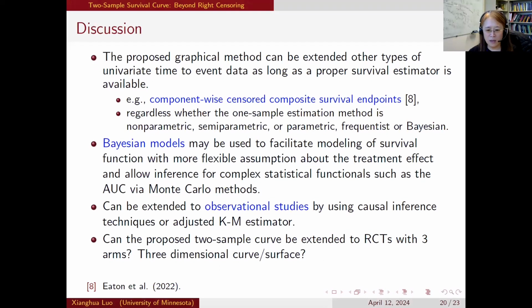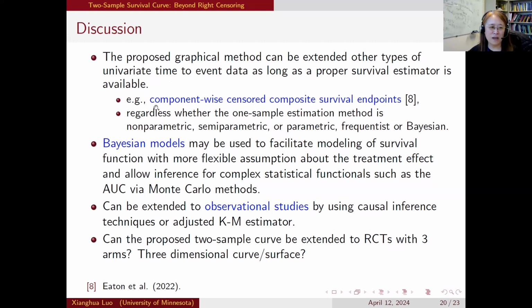Okay, so a quick summary. This is probably the last few slides. The proposed graphical method can be extended to other types of univariate time to event data that are not covered in this talk, as long as a proper survival estimator is available. So I put this dot here to showcase one of my different students' work.